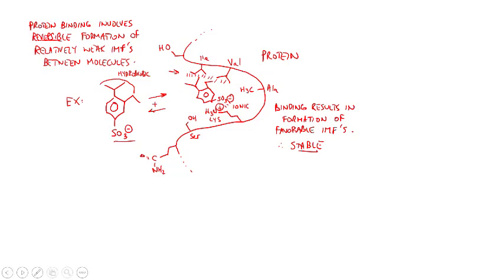Not super stable, because this is still reversible, but it's going to be stable. So the strength of binding, if we were to define the strength of binding, what do we mean by that? The strength of binding refers to the stability of the complex.